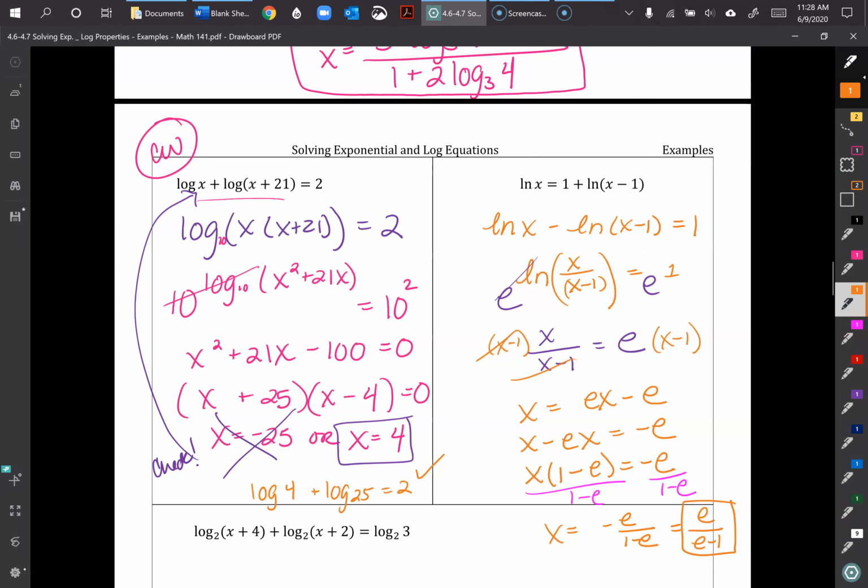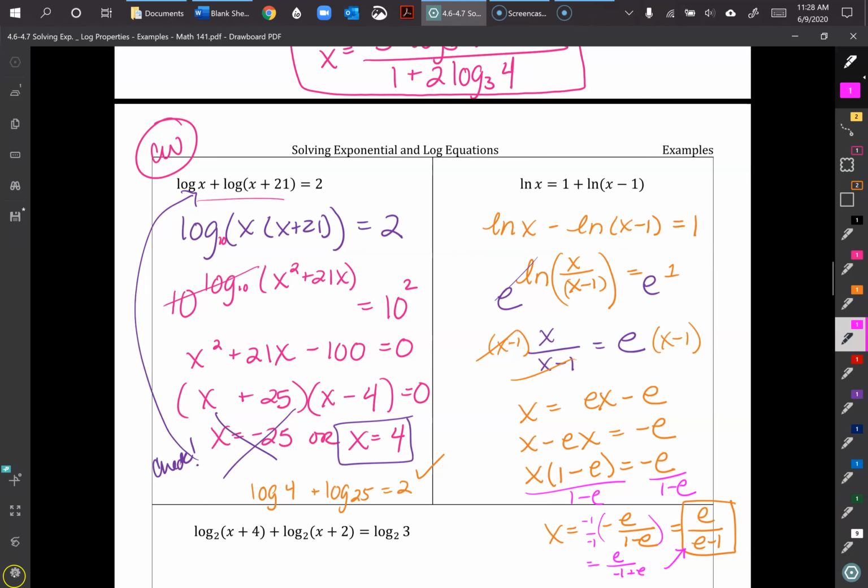All I did was multiply top and bottom by negative 1 and rearrange stuff. I'll just show you that really quick. I could go negative 1 over negative 1 because it's really like multiplying by 1. I can do that balancing act. And then I get e over negative 1 plus e, which then equals this.